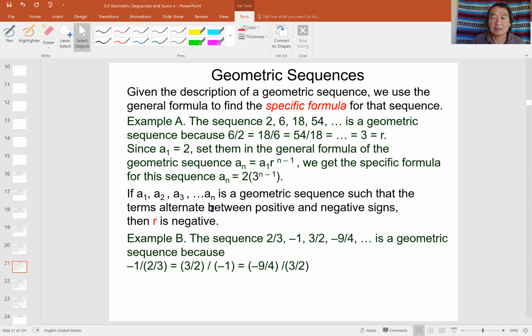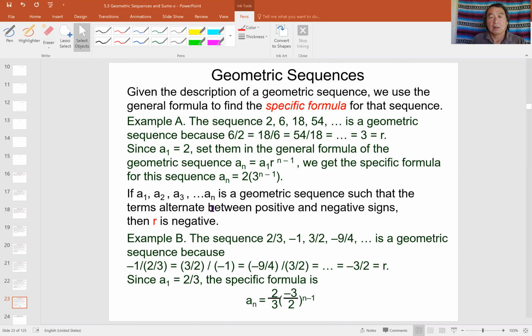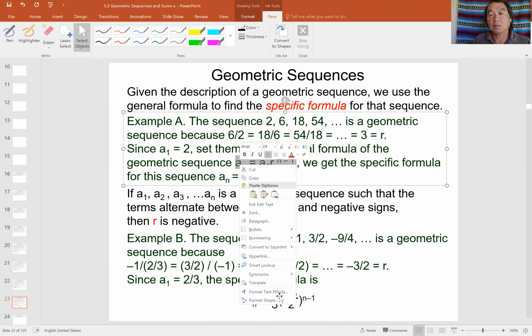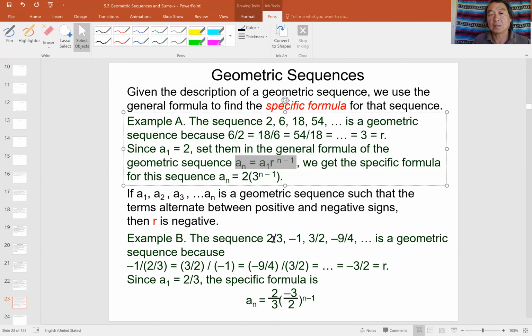You do a little checking, and then I can put in the specific formula. Here is the general formula. A1 is 2/3. The first number A1, put it over here, and r is -3/2. So put that over r, and that's it.